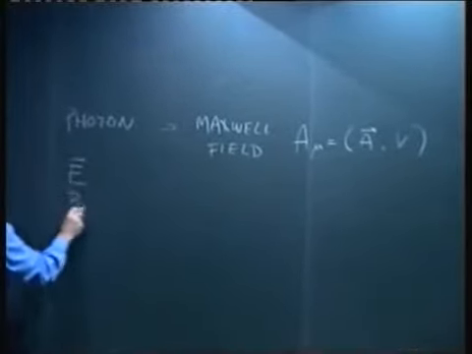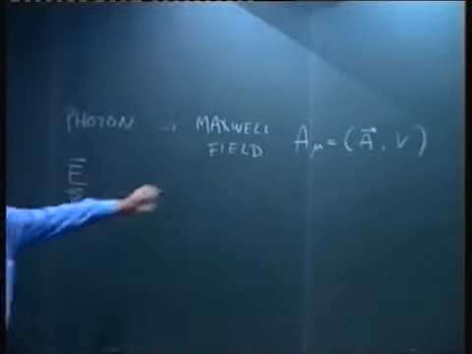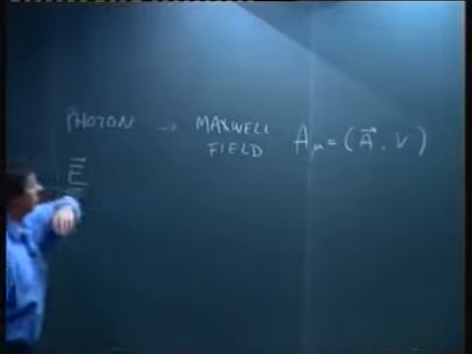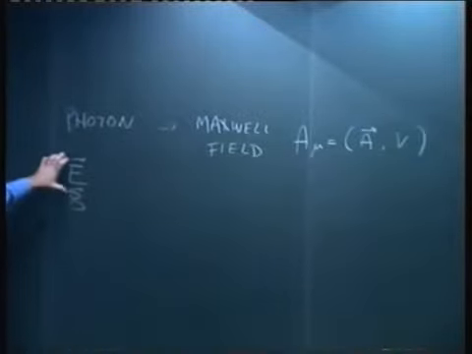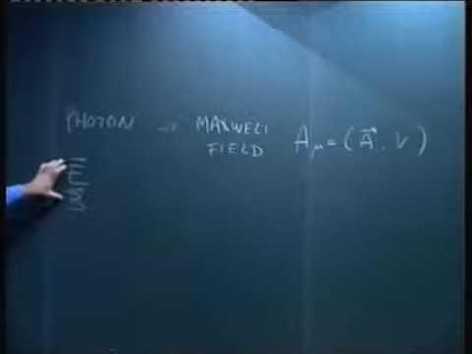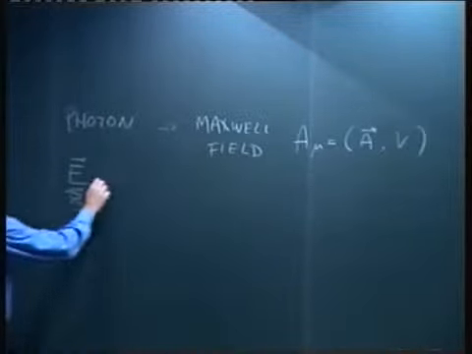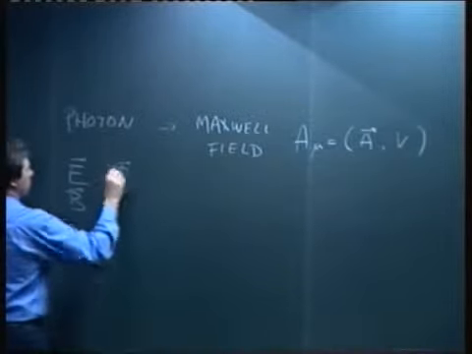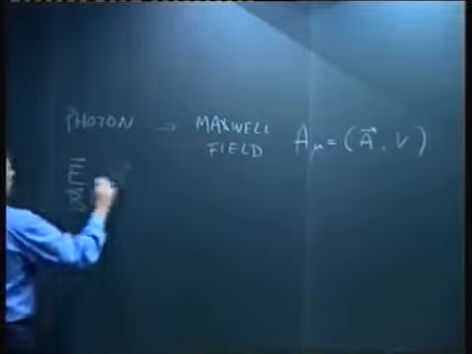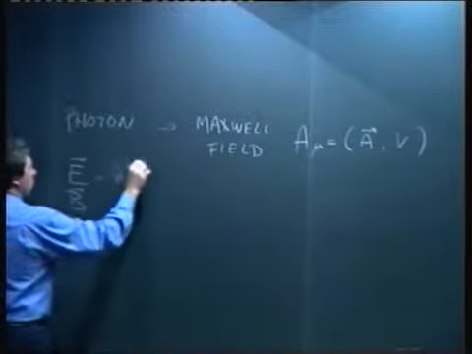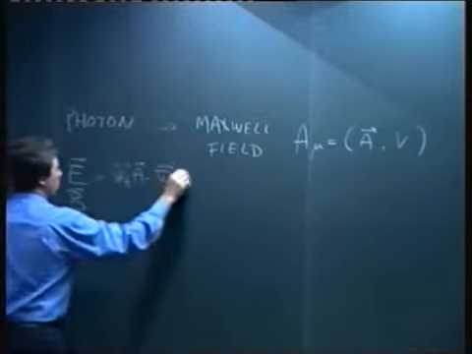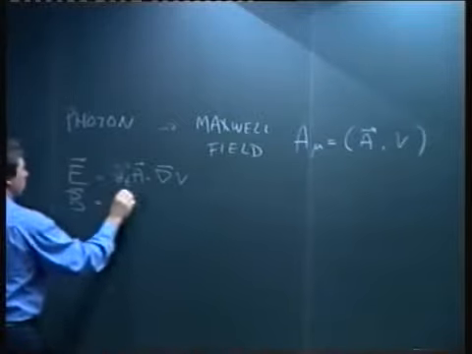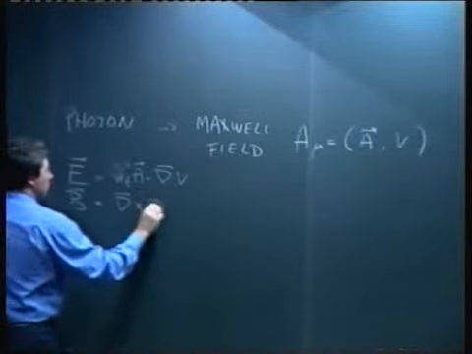And the electric and magnetic fields, E and B, can be expressed in terms of these potentials in the usual way, and I'll write them down in a covariant notation. I think most of you must have seen those. The way they are usually written is that E can be written as a time derivative of A minus the gradient of the potential, and B is the rotation of the potential.